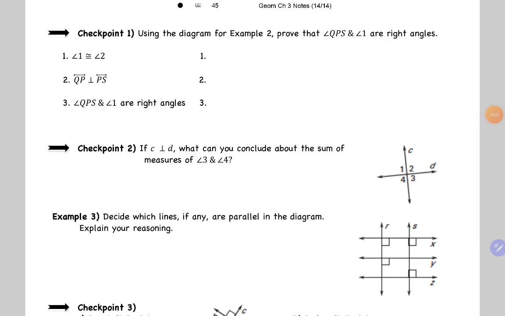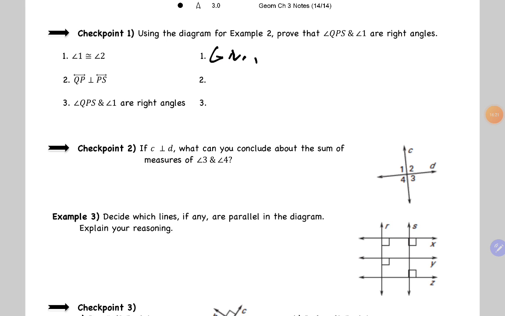So use the diagram for example 2 to prove that angle QPS and angle 1 are right angles. Angle 1 is congruent to angle 2. Given.